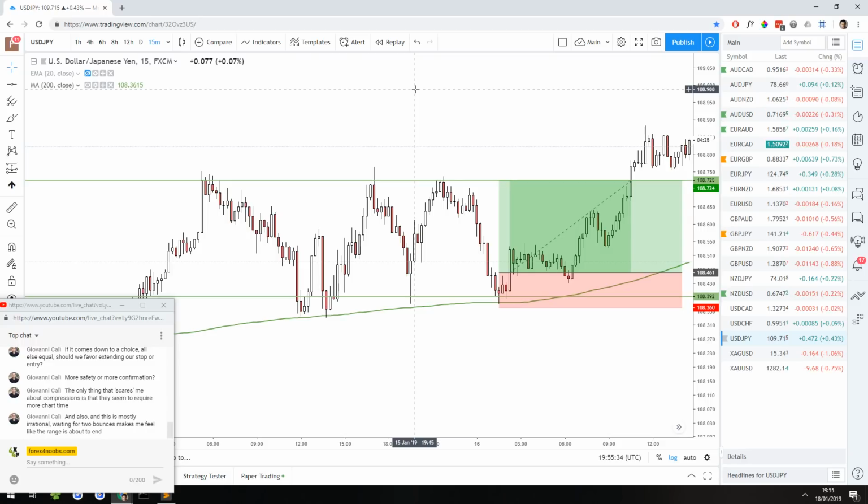Yeah, no, I get what you mean with that, man. Waiting for two bounces makes it seem like the range is about to end, and you do have a point there.